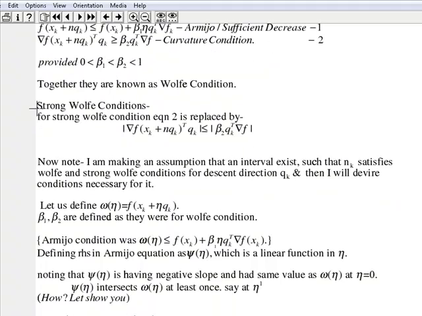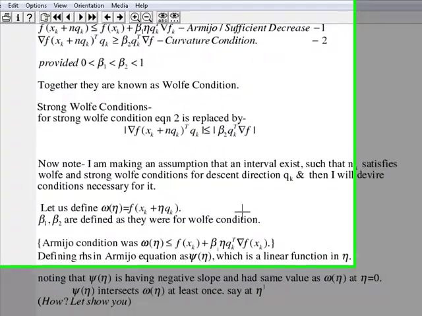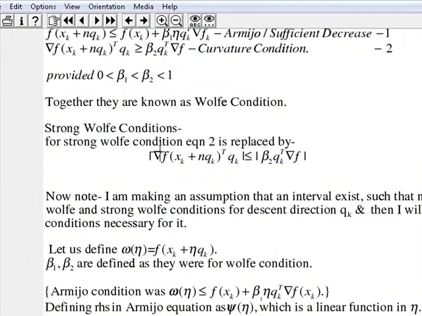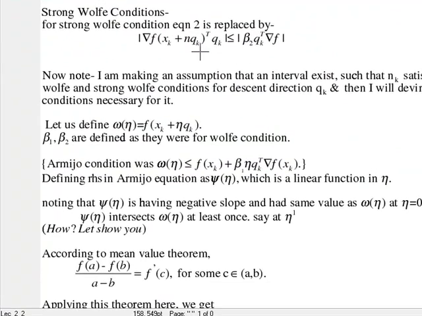Now this is our strong Wolfe condition. Strong Wolfe condition implies that I can choose a value of beta 2, but the condition here is that it ensures that our eta should lie close to the minimizer.